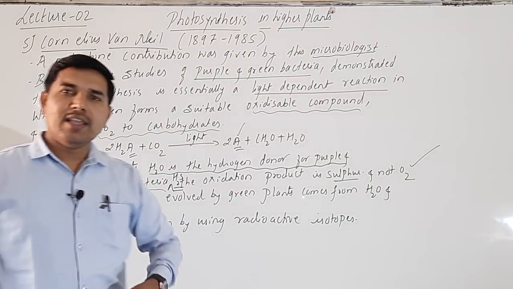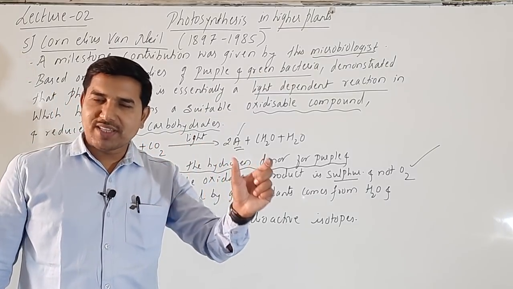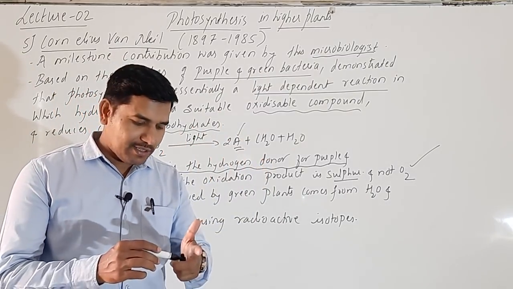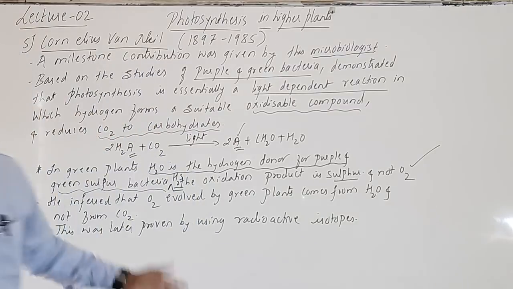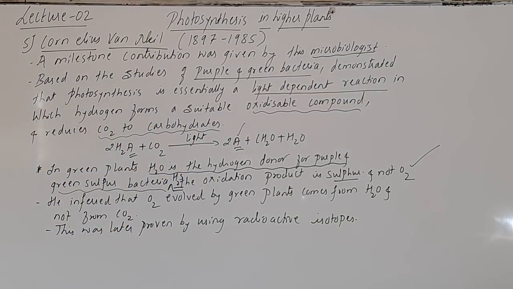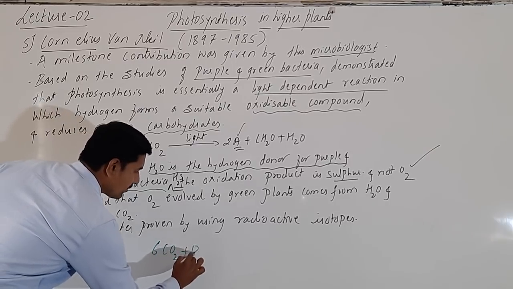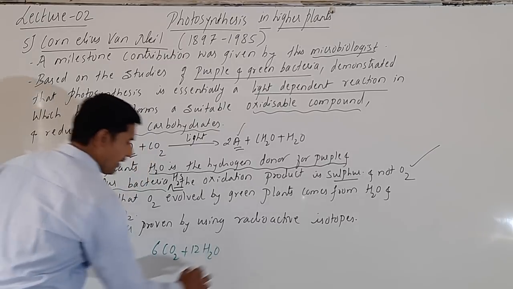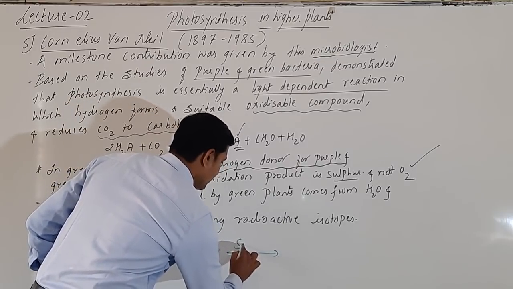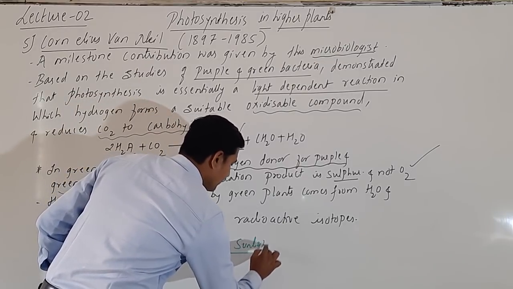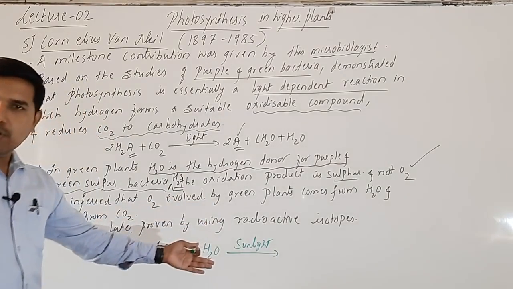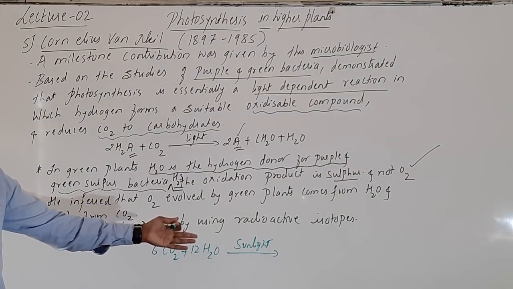Then finally an equation for photosynthesis, a final equation for photosynthesis was described, and that final equation comes to be 6CO2 plus 12H2O in presence of sunlight and bearing chlorophyll, only then this happens.